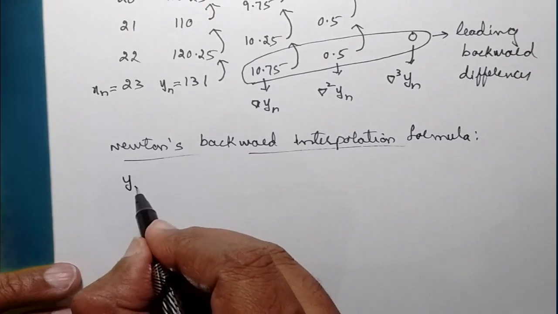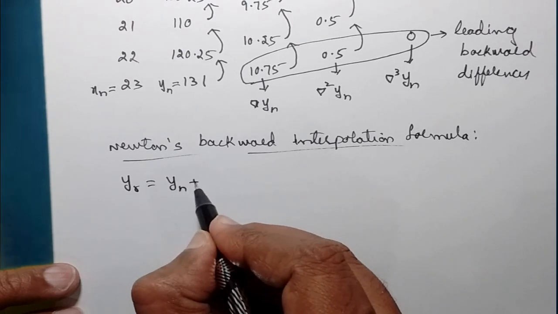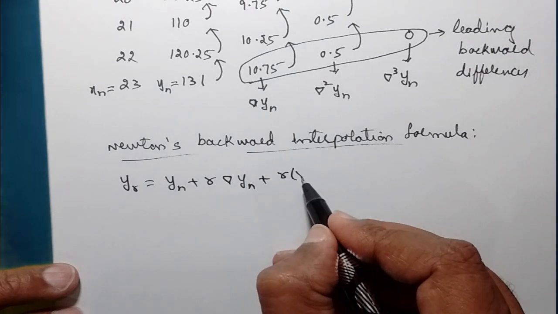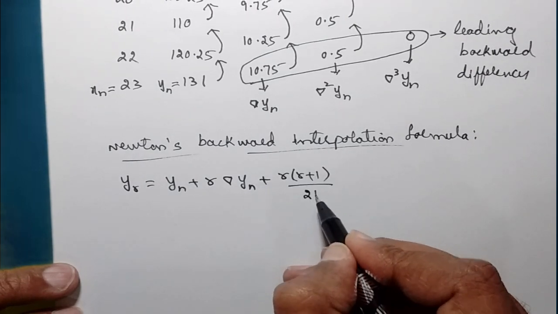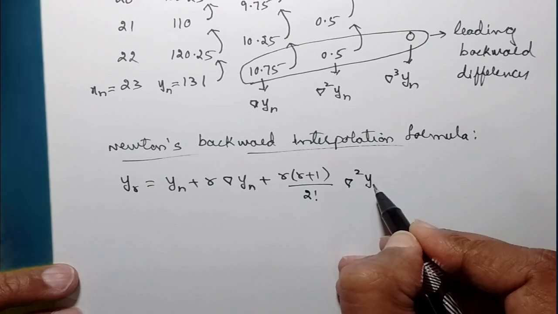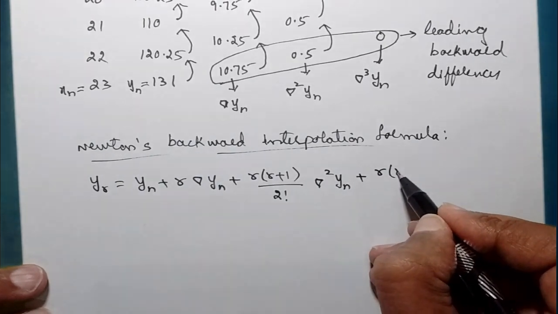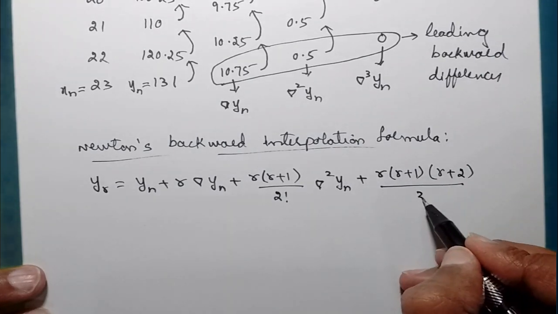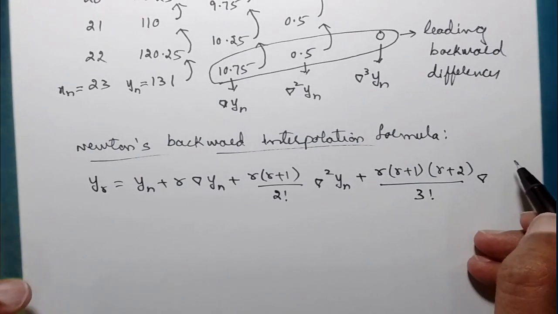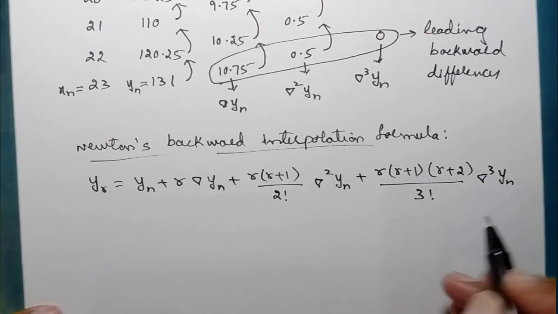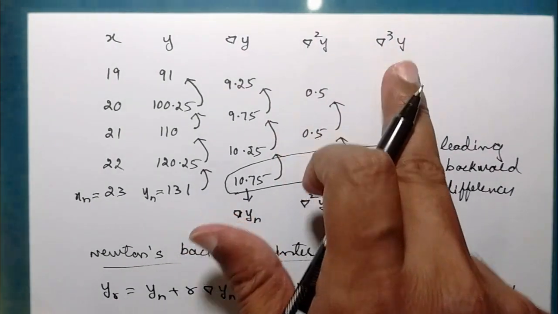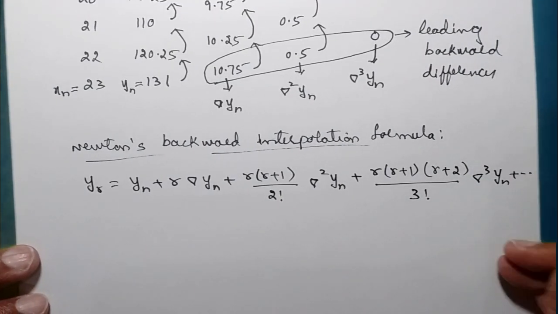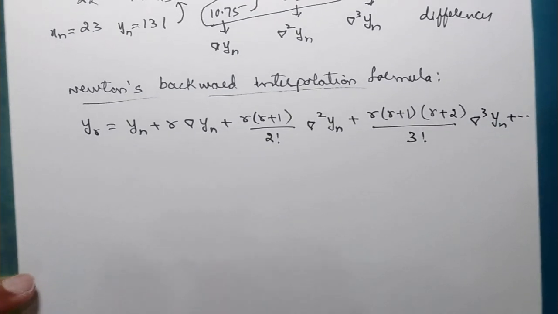So you have yr equals yn plus r into nabla yn plus r into r plus 1 by 2 factorial into nabla square yn plus r into r plus 1 into r plus 2 divided by 3 factorial into nabla cube yn. Because I have prepared the table up to nabla cube y, I will write up to nabla cube yn. We will not take the remaining terms.